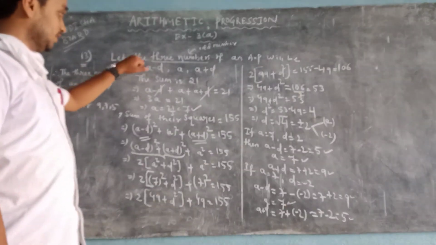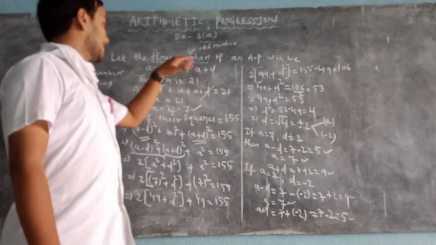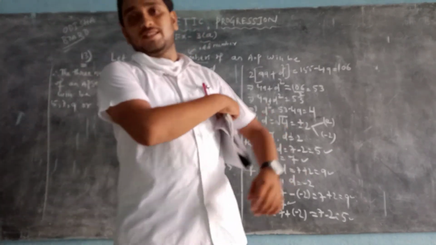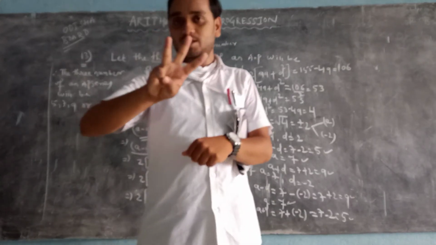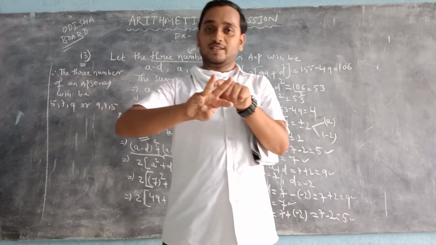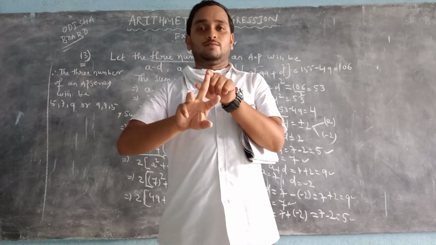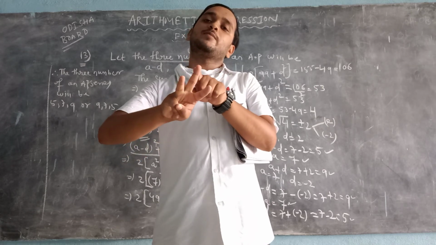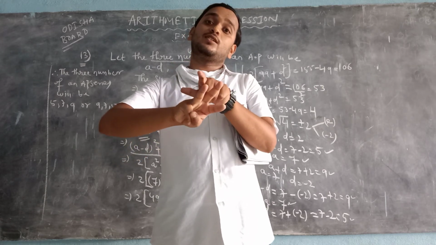So the three numbers of an AP will be a minus d, a, a plus d. Listen, simple one, there is a trick. These are the three numbers. If this is 1, this is 2, this is 3, this will be the middle number. This is the first term, this is the last term.